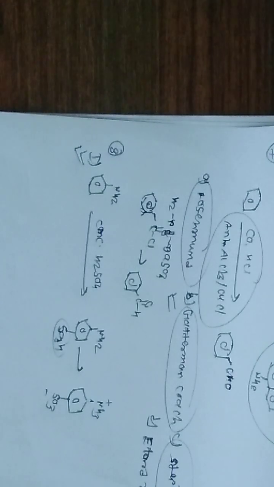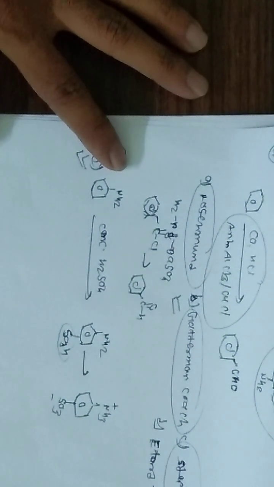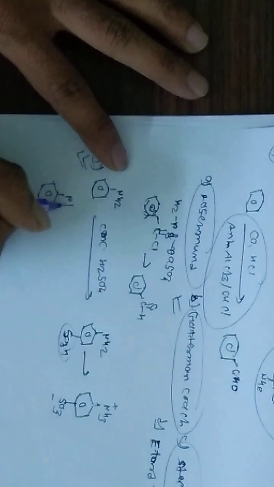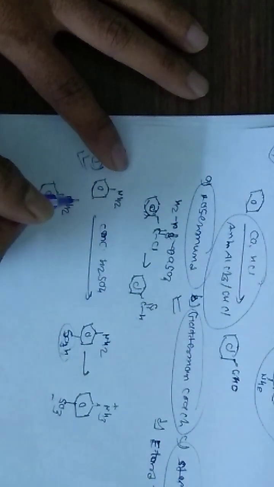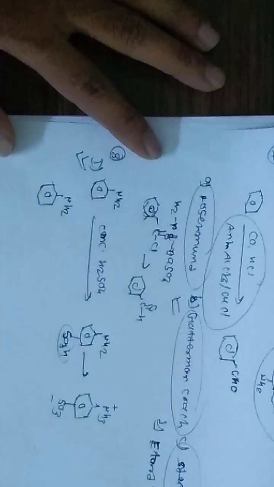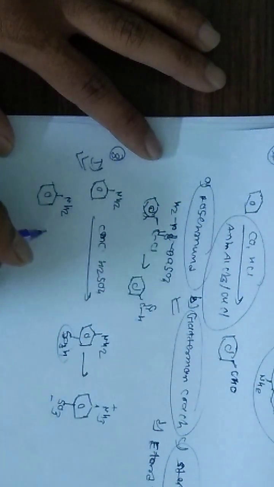Now the second statement is that in Friedel-Crafts alkylation and acylation reaction, aniline forms a salt with AlCl3 catalyst. If you are going to do Friedel-Crafts acylation or alkylation reaction with aniline, then what will happen?